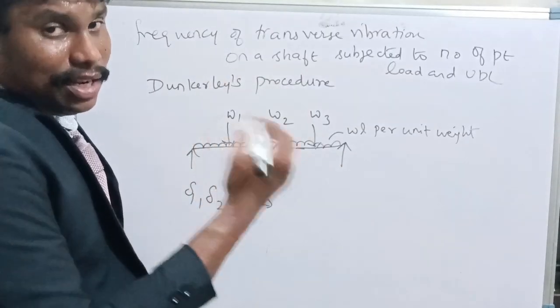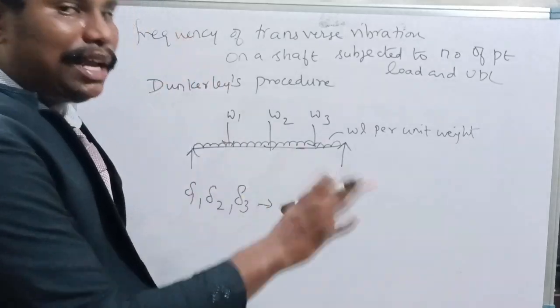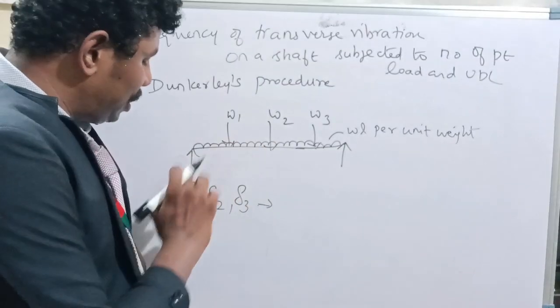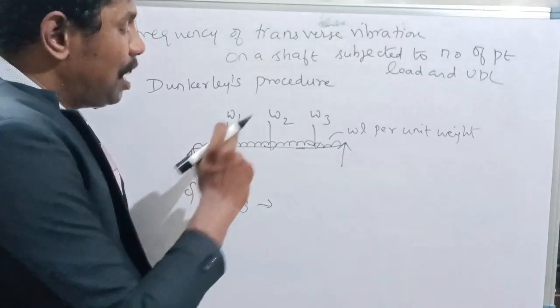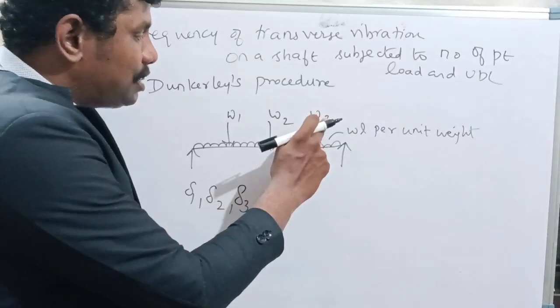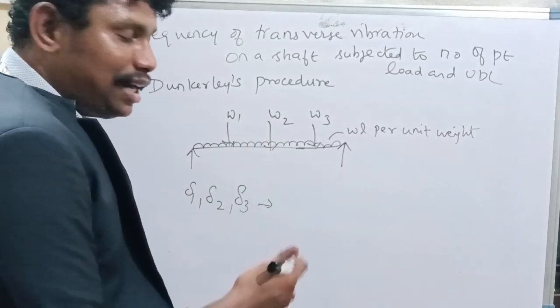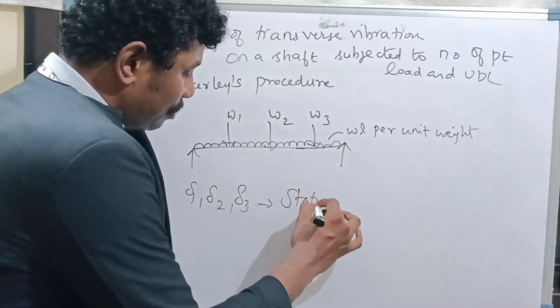So rather than considering all the weights together, assuming that the shaft contains only the weight W1, in that case the static deflection will be delta 1, and when the shaft contains only W2 the static deflection will be delta 2. The shaft which contains W3 alone, in this case the static deflection will be delta 3.